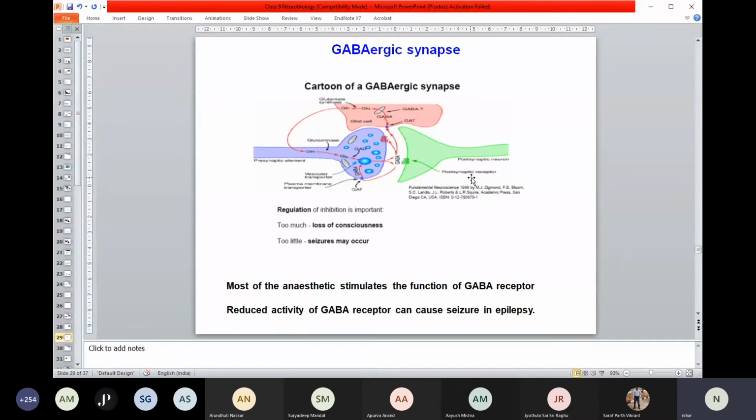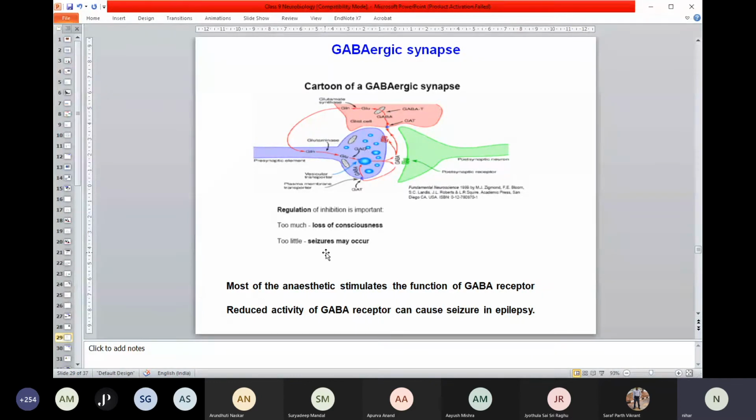Suppose you want to anesthetize for a long surgery. In those circumstances, people sometimes use an agonist of this kind of inhibitory neurotransmitter receptor. Sometimes it can make you senseless because too much inhibitory transmission is going on, but it will be reversible. After some time, things will be fine.